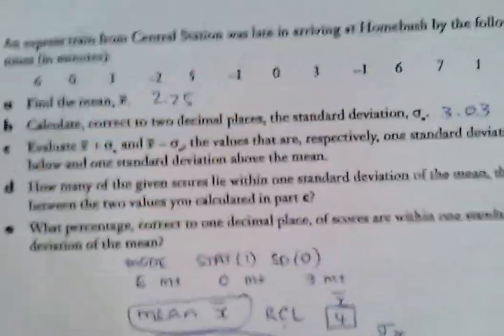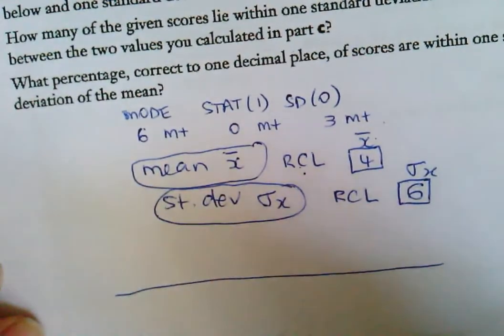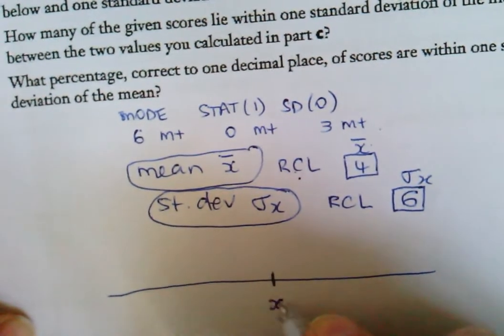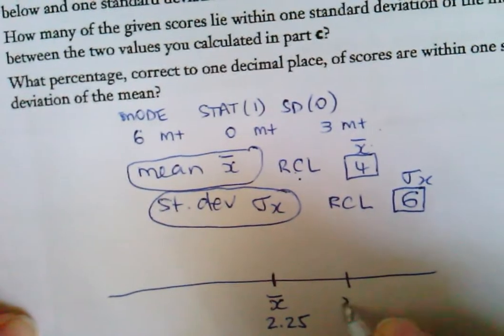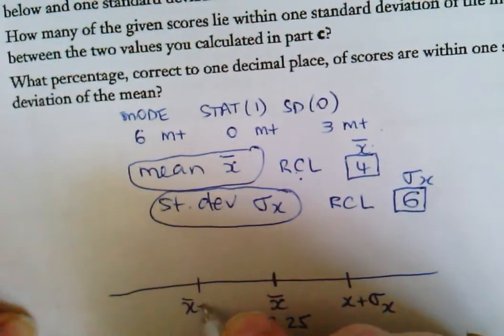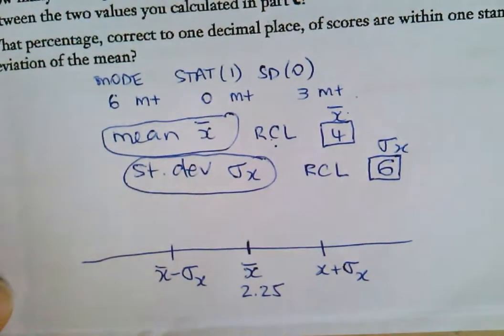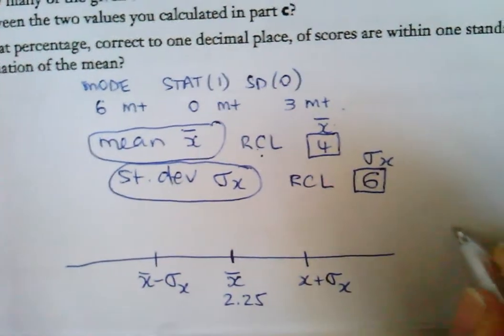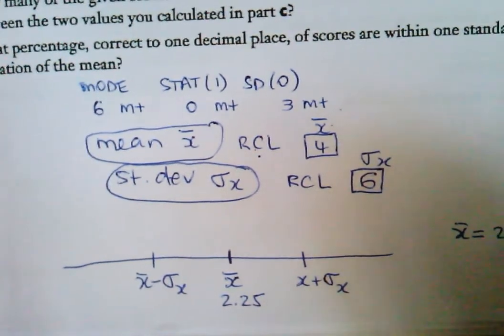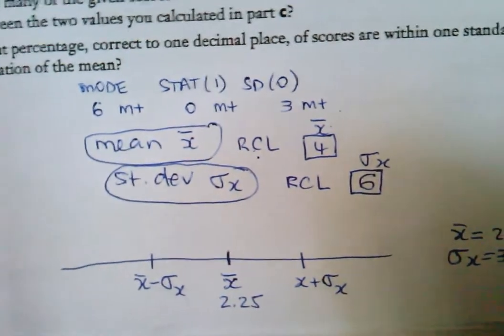So what I'm going to do, I'm going to draw a little sketch down the bottom, and I want you to do the same. The mean we know is 2.25. I'm just going to go mean plus 1 standard deviation down here, mean minus 1 standard deviation there. Now here I know that the mean is 2.25 and the standard deviation is 3.03.